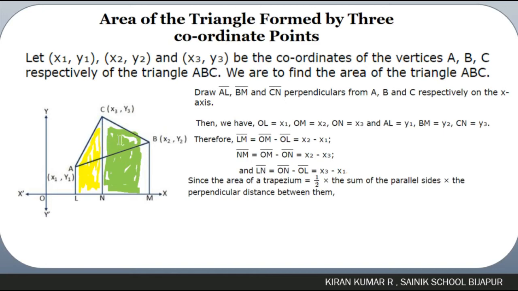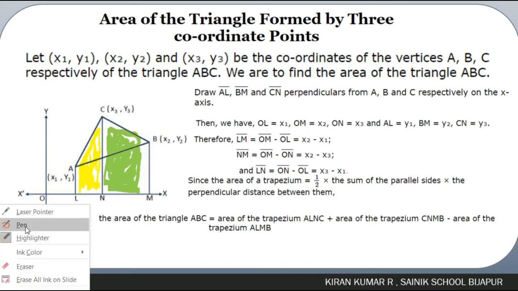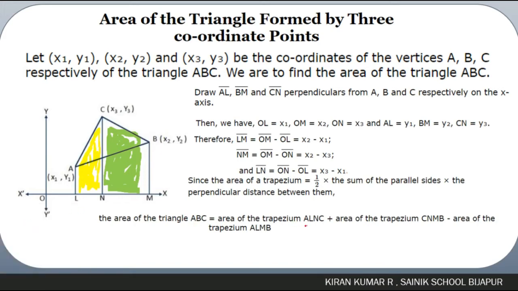So, observe properly: the area of the triangle ABC will be the sum of the areas of these two trapeziums minus the area of the trapezium ALMB. Area of triangle ABC will be equal to area of trapezium ALNC plus area of trapezium CNMB minus the area of the trapezium ALMB.